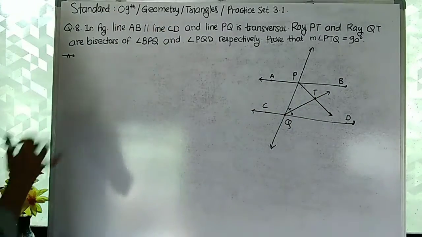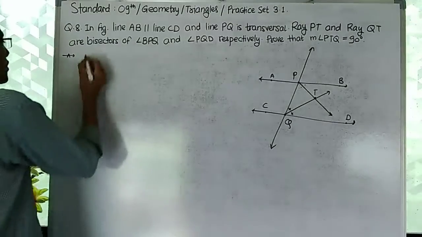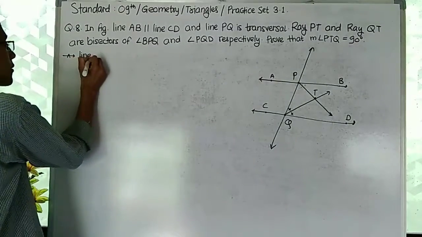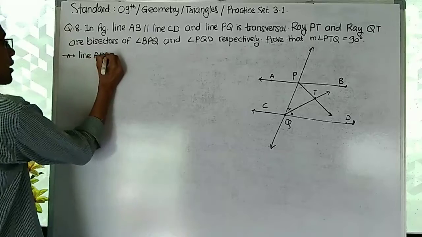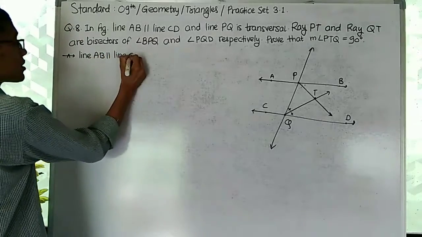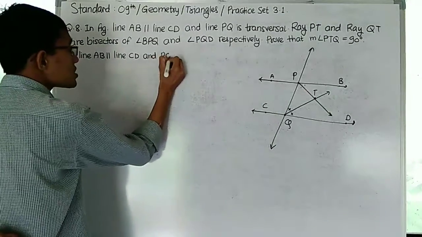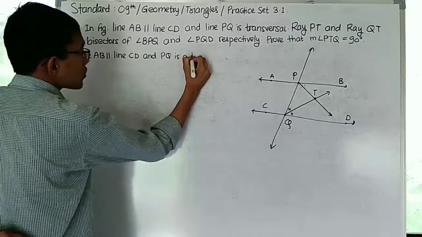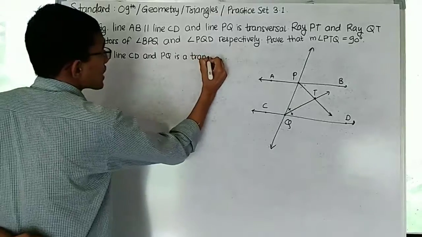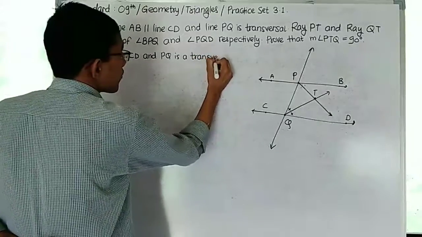For that purpose, as it is given to us that line AB is parallel to line CD and PQ is a transversal, here we can use the properties of parallel lines and a transversal.